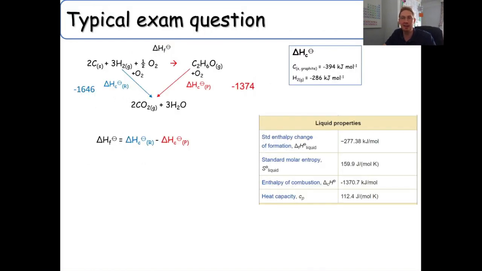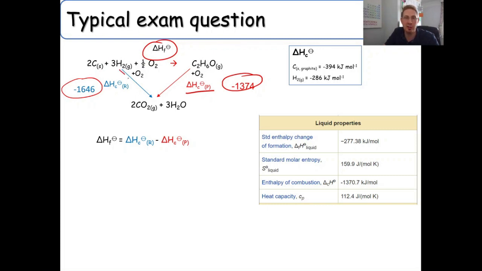Again, thinking about how this would be put together, well, we might want to know the enthalpy of formation for ethanol, in which case we can burn ethanol and we get that value that we've just measured. We can either burn the hydrogen and the carbon ourselves or look up data values and work out the enthalpy of combustion of 2 lots of carbon, 3 lots of hydrogen in excess oxygen.